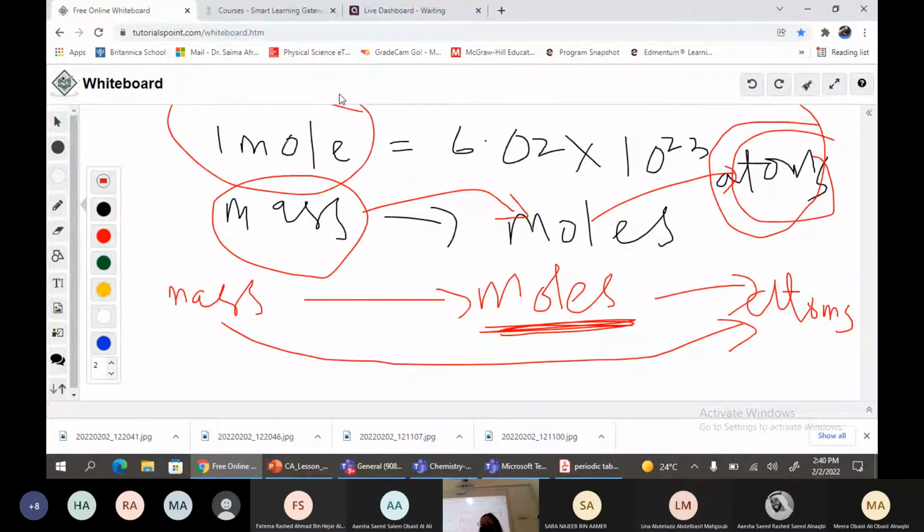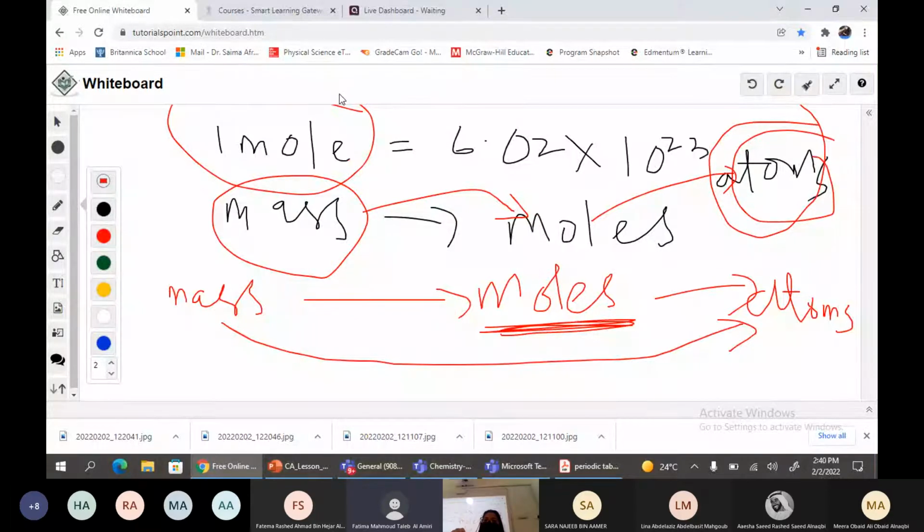So to convert into atoms, you need moles. If you have a question where the grams is given and you need to go to atoms, how many steps do you need to do? Yes, Fatma, how many steps? What will be the 2 steps? Convert the mass they give us, divide by the element mass, and this is the mole.